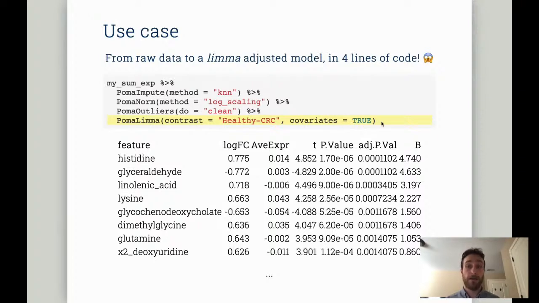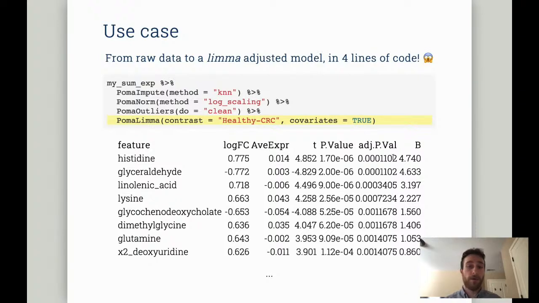So now we can run this line of code and fit a Limma model for this comparison, healthy versus colorectal cancer, using all the covariates, because, as I said, when you set covariates to true, the default is to include all covariates I have. So we fit a Limma model, and these are our statistical results.